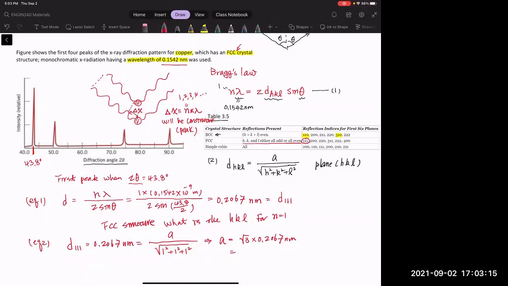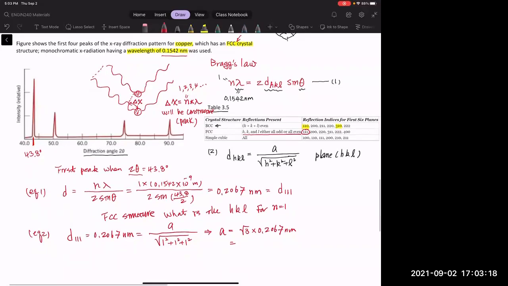Okay, so this A is going to be this number that you multiply together. But we want to find the radius. How do you find the radius? The radius is related to the A. So A is equal to, in the FCC, 2R square root of 2. That's the one that we just saw before.